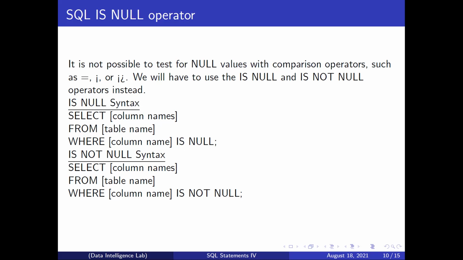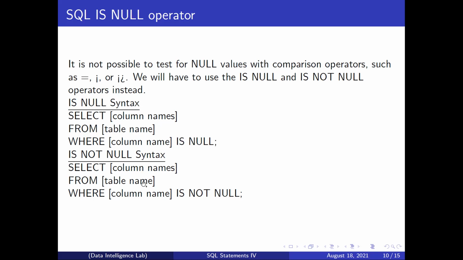So when there's a specified field with no value, then you say there's nothing there, then you can retrieve that as is null, right? So in this case, when we say select columns from table name where column name is null, it would pick the column names that have no values, right?